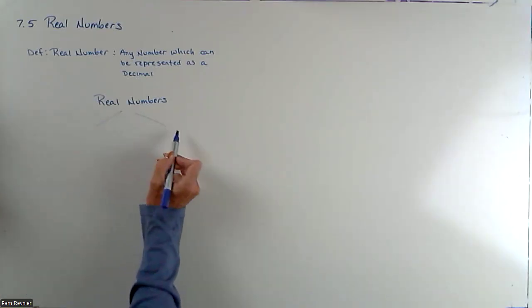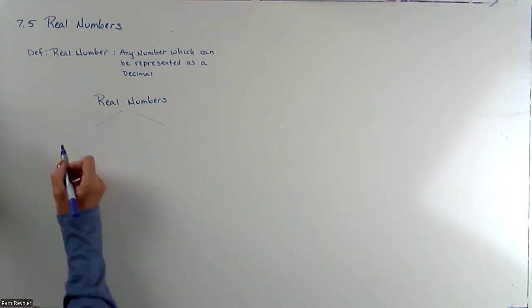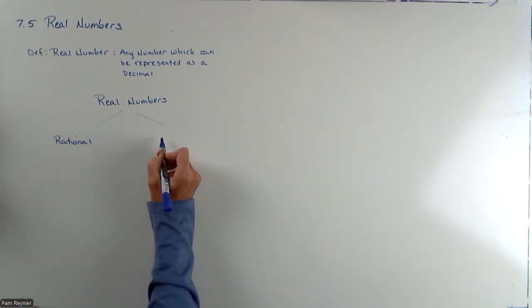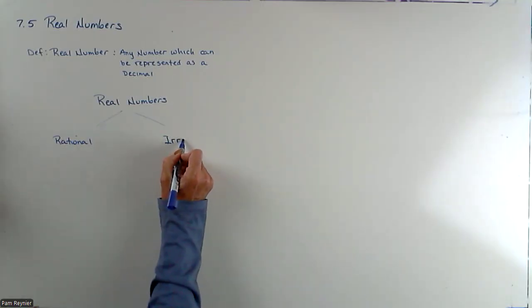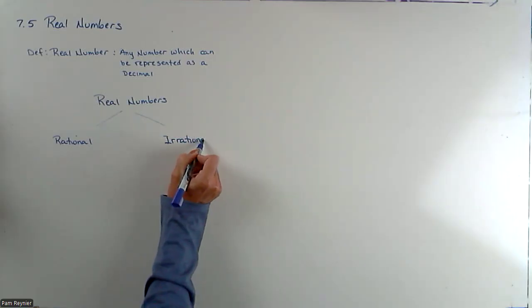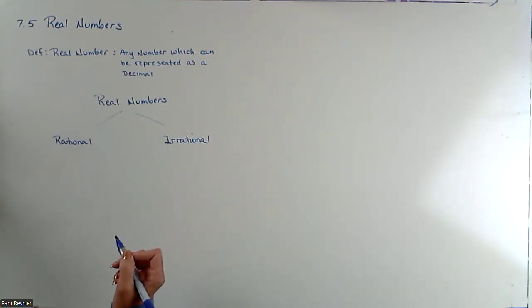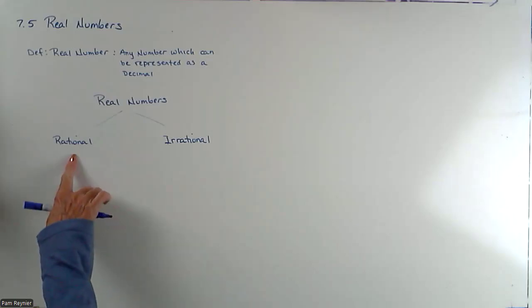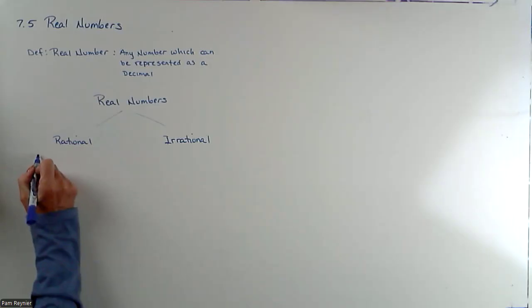Real numbers are divided into two subcategories. They're either called rational or they're not rational, and they're called irrational. And the set of rational numbers, again, anything that can be written as a decimal, anything, when we talked about rationals before, let's look at it this way.